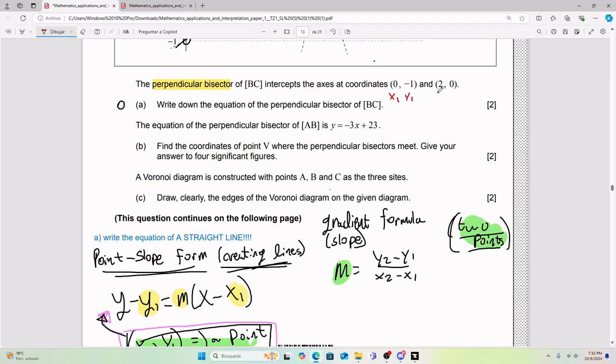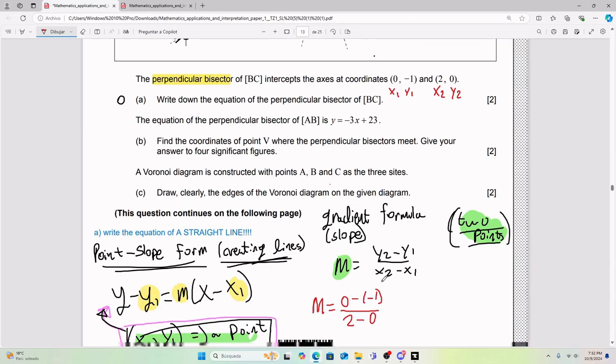In other words, this 2 has to be x2, and this 0 has to be y2, okay? As long as you're organized and plugging in, you're gonna get these points easily, see? So my slope, now actually plugging in for part A, has to be y2, which is 0, minus y1, which is -1, divided by x2, which is 2, minus x1, which is 0.